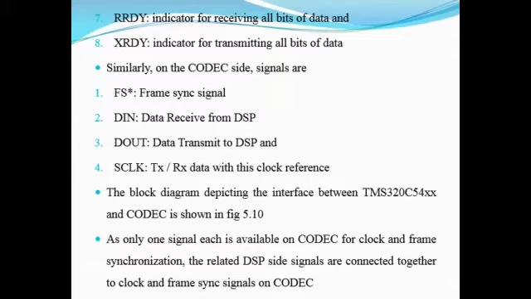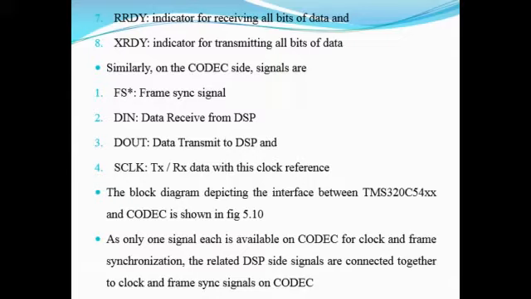And coming to the block diagram, we look into the TMS320C54 processor with a codec. As part of a codec, only one signal is available on the codec for clock and frame synchronization.